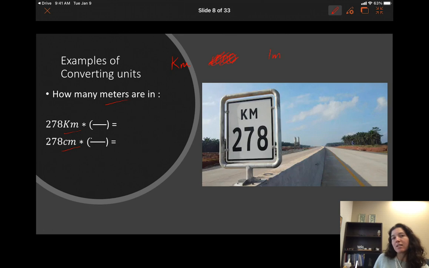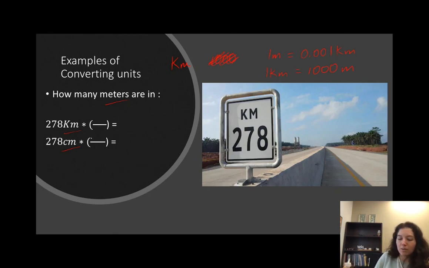There's 1,000 times fewer kilometers, so it is equal to 0.001 kilometers, or you could think about it the other way around. 1 kilometer is equal to 1,000 meters. So you could use either of these options that you want. You could use this conversion option or this conversion option. Either one's going to give you the correct answer.